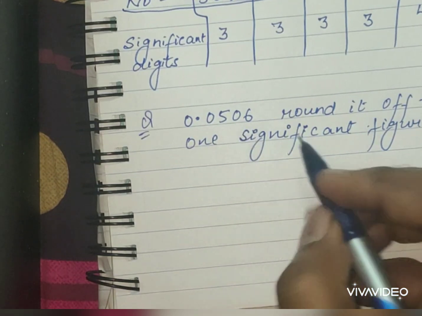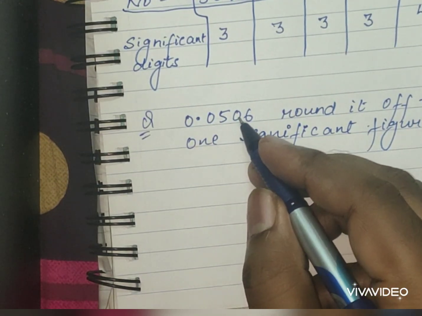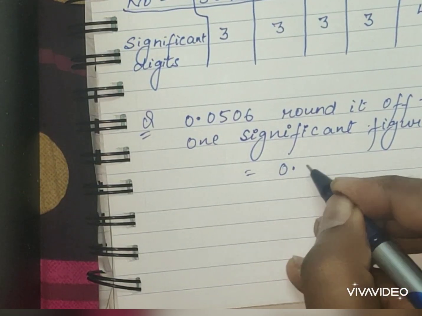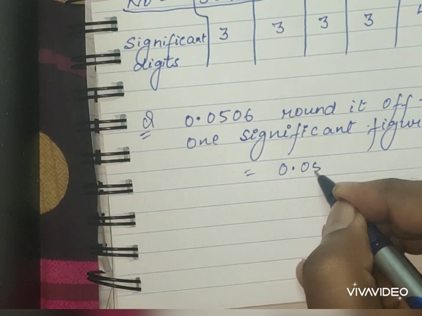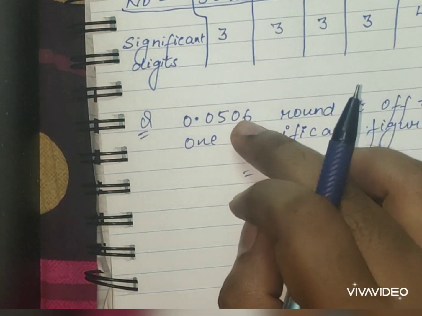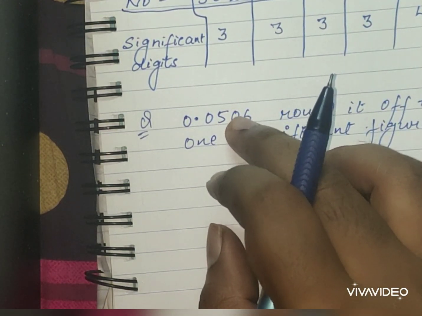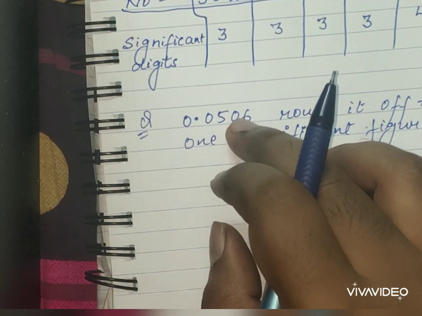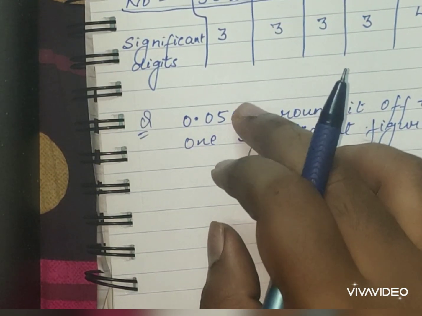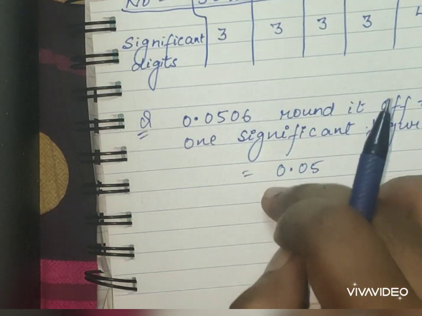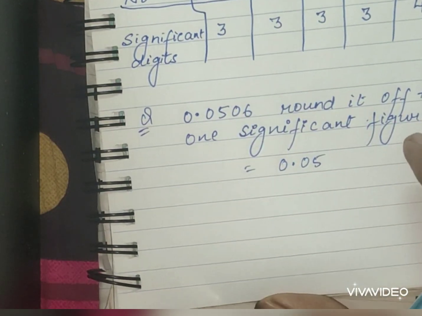So 5 is there, then 0 is there and 6 is there. When we round it off, it will be written as 0.05. Clear? Because after this 5 there is no number which is greater than 5, it will not be rounded off and will be ignored. So 0.05 is your answer.